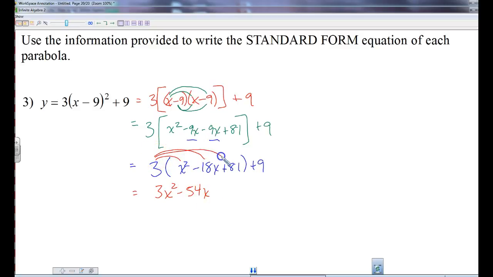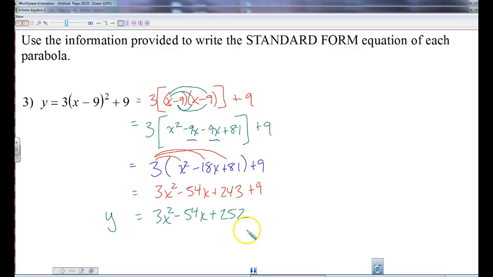And then 3 times 81, well, that's a little harder, but I think that's 243, all plus 9. Final step is to add those two numbers together there at the end. That will give me y equals 3x squared minus 54x plus 243 plus 9 is 252.